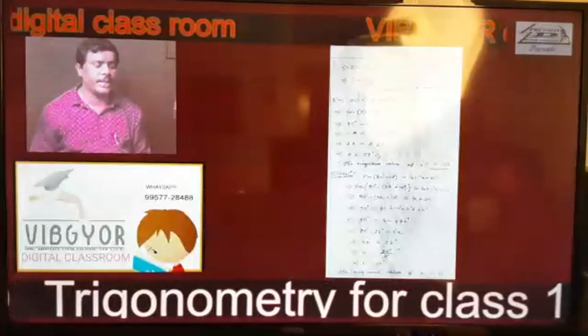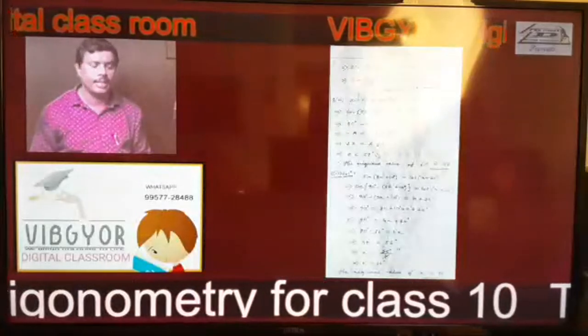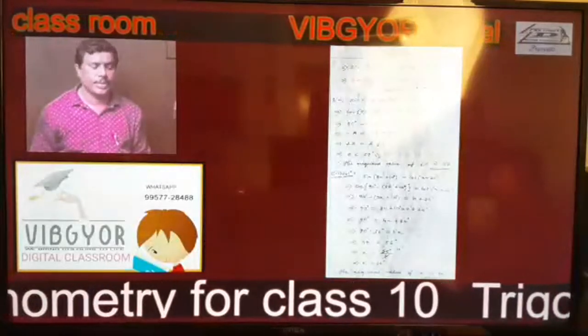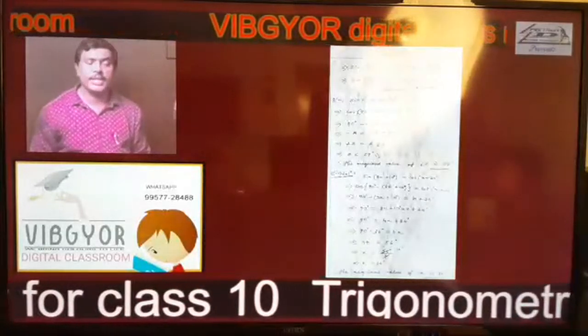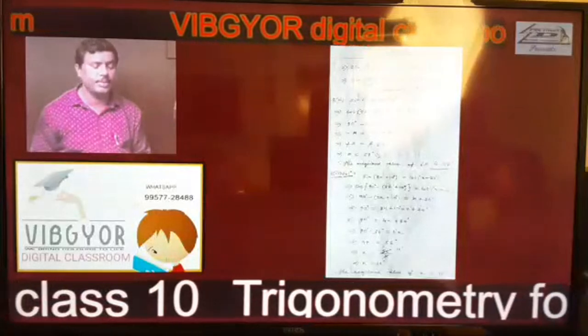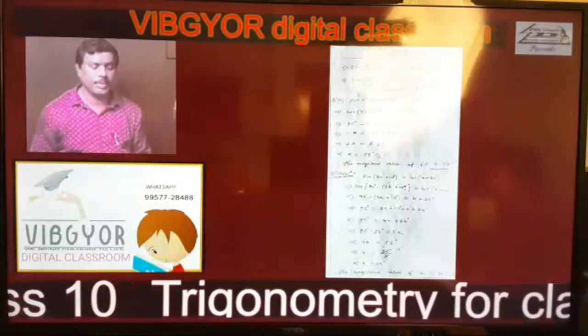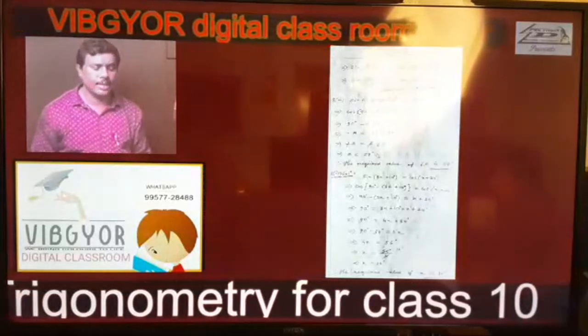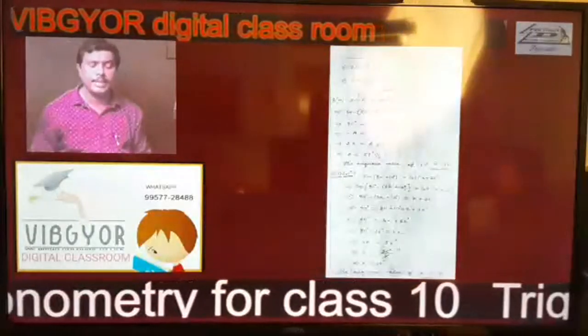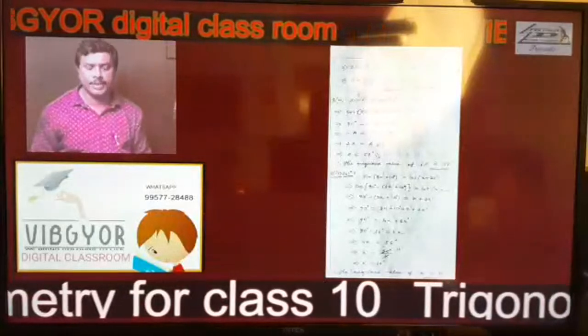Then we get 90 degrees minus A is equal to 33 degrees. So minus A is equal to 33 degrees minus 90 degrees. The minus signs on both sides we cancel out. Then A is equal to 57 degrees. Therefore the required value of A is 57 degrees.